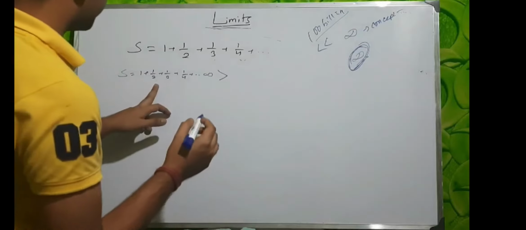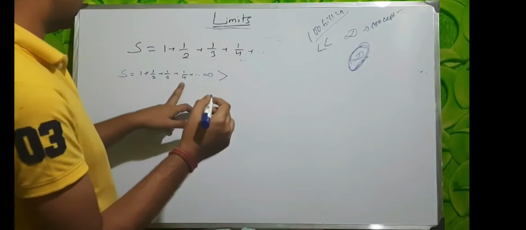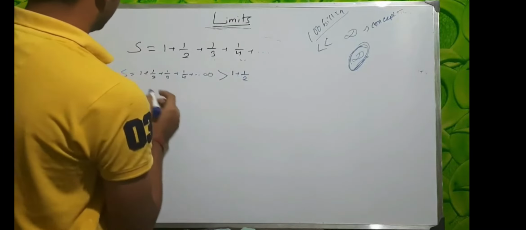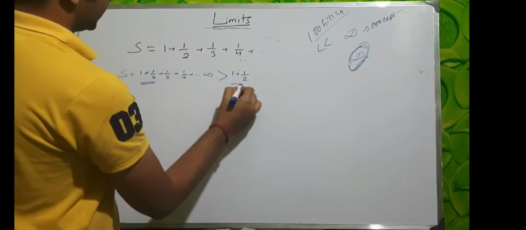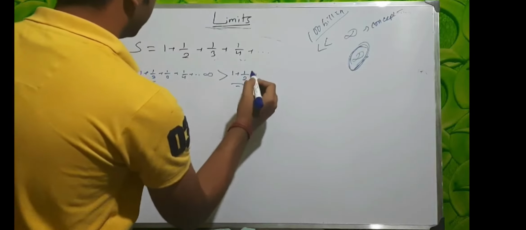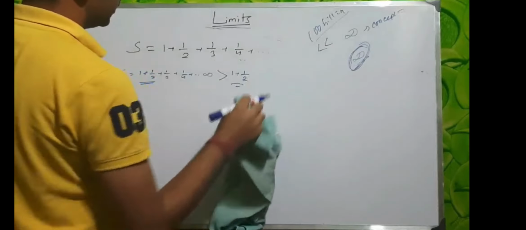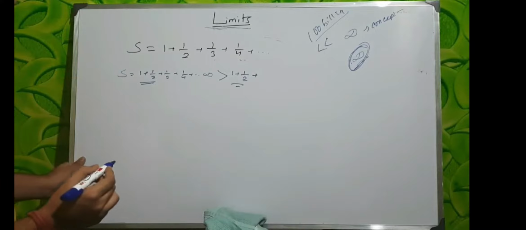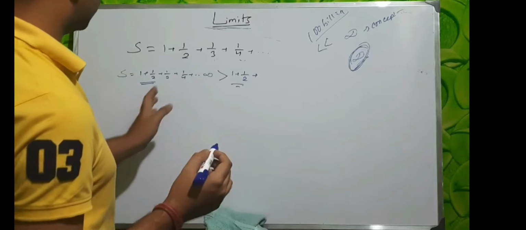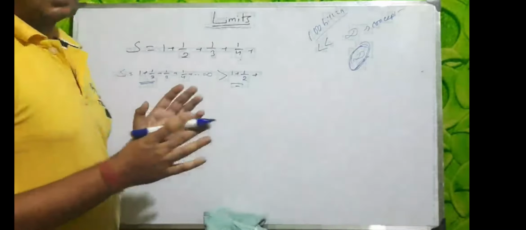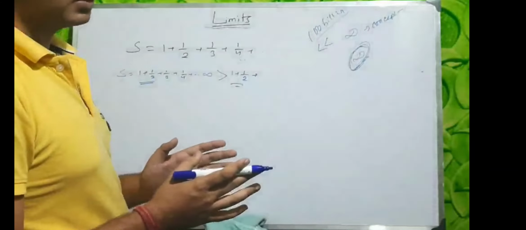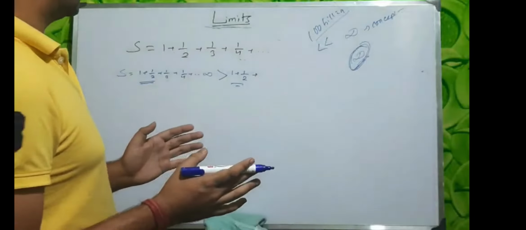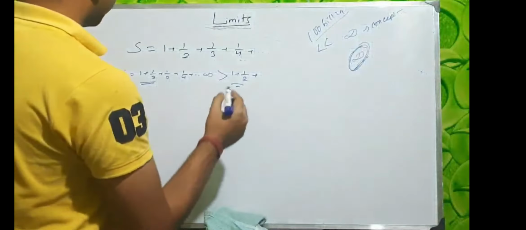So we have 1 plus 1/2, we write these first two terms as they are, and then there's the trick. You need to be tricky in dealing with these series. Always try to give some upper bound or lower bound, so that you can bound the series. If you can bound the series, that's very well. But if you can't, just look, there is no limit for that series.